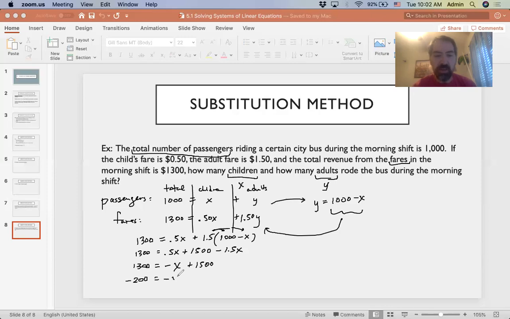That's negative 200 equals negative X, so divide both sides by negative 1, and we get an answer of X equals 200. Right? X represents the number of children, so we know now that 200 children rode the bus during the morning shift, and we also can gather that 800 adults rode that bus.